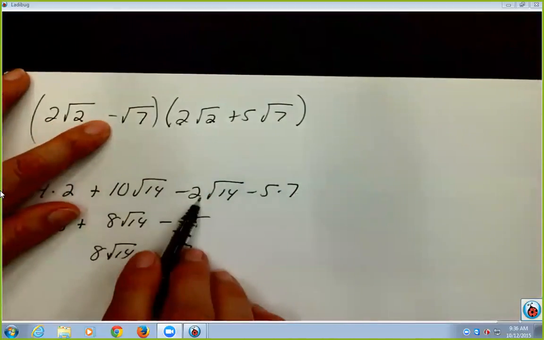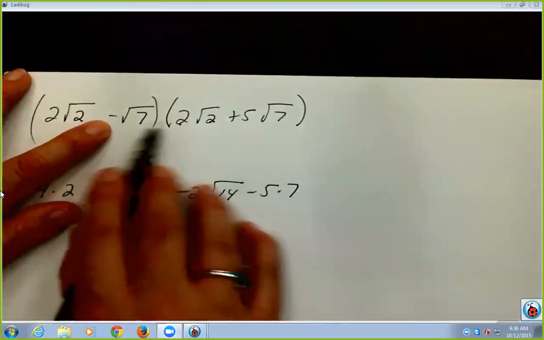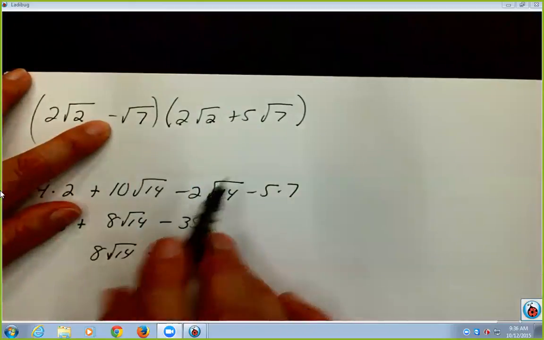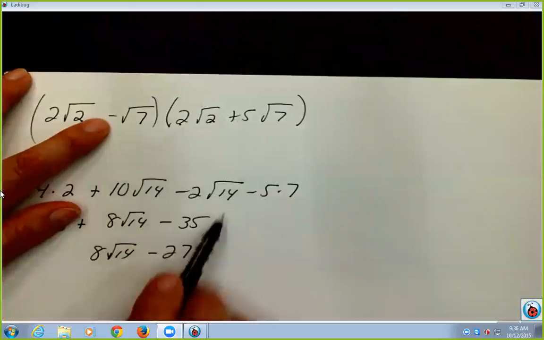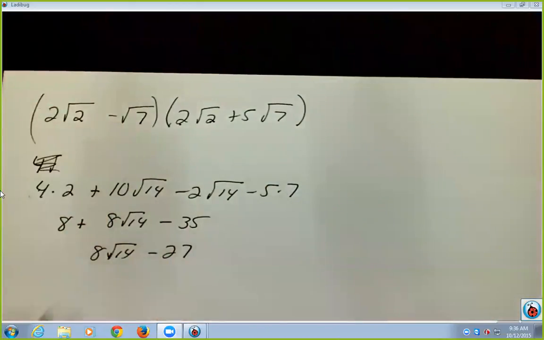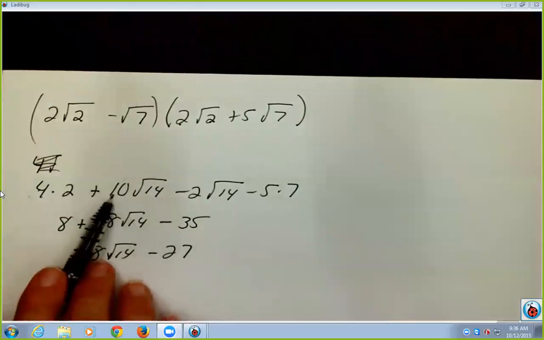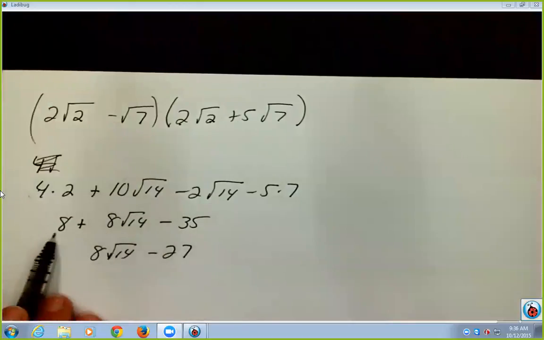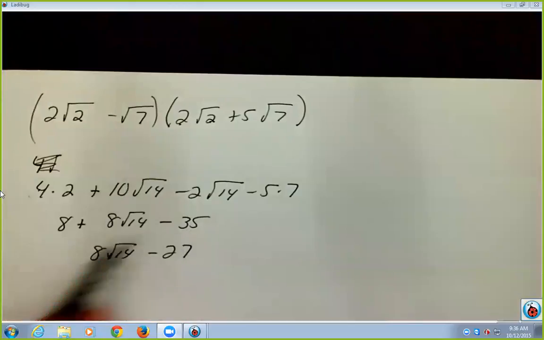Then negative 1 times 2, and 7 times 2 gives you 14. And then last, negative 1 times 5 is negative 5. Square root of 7 times square root of 7 is 7. So you get your combinations in here. 10 minus 2 is 8. Then your 8 from 35 gives you 8 square root of 14 minus 27.